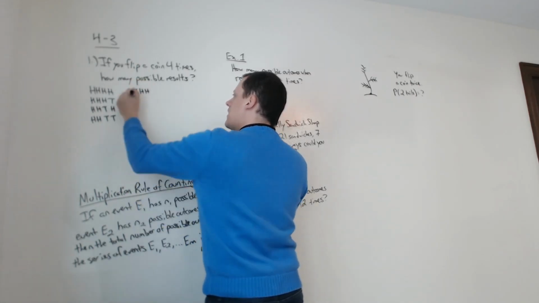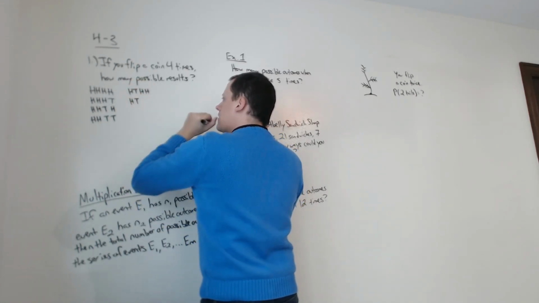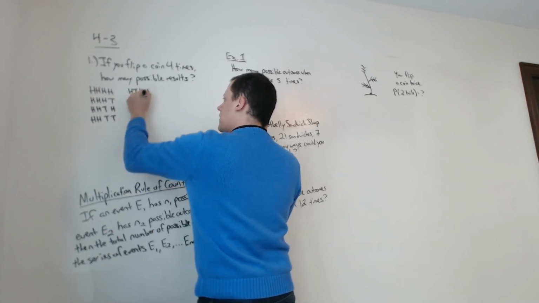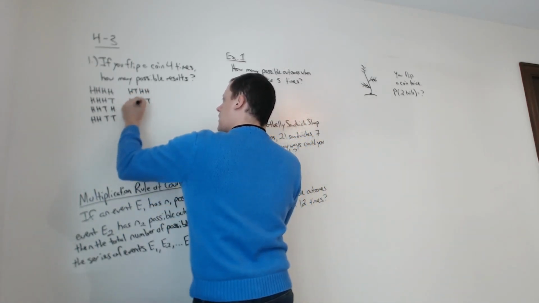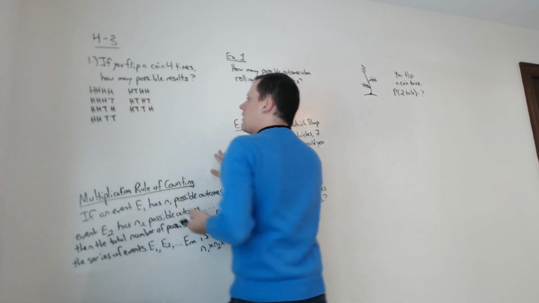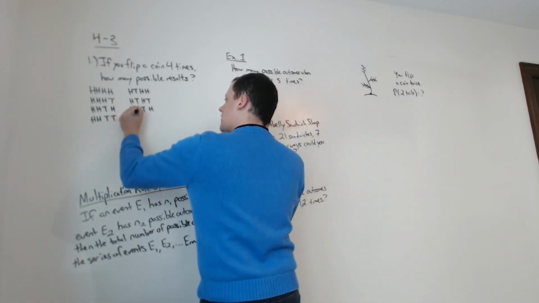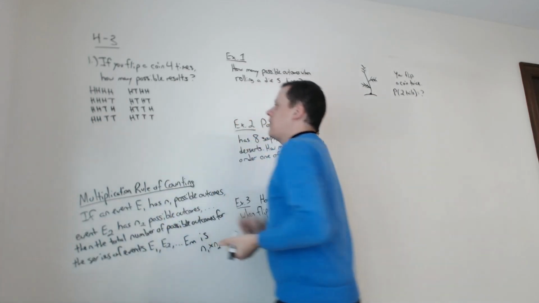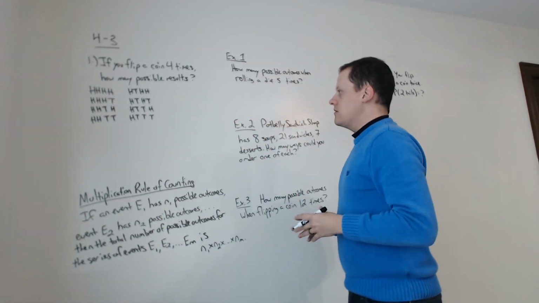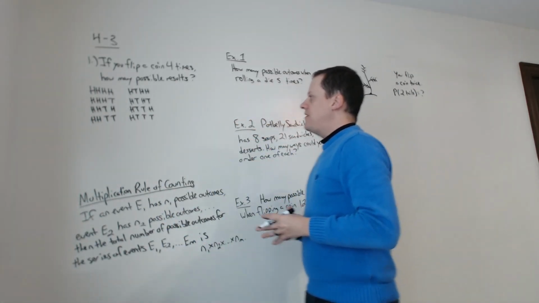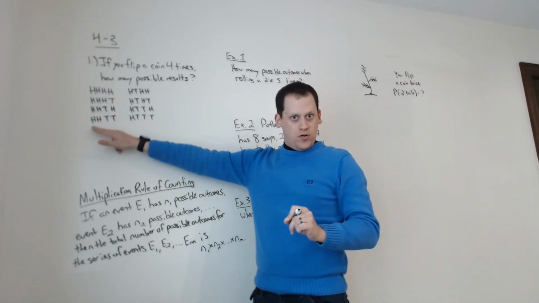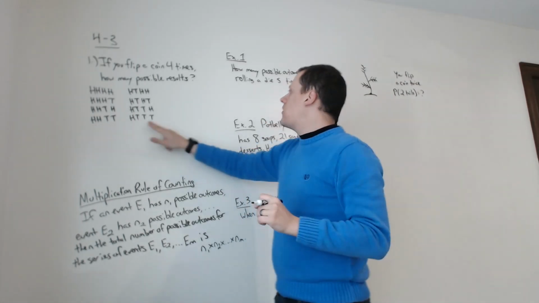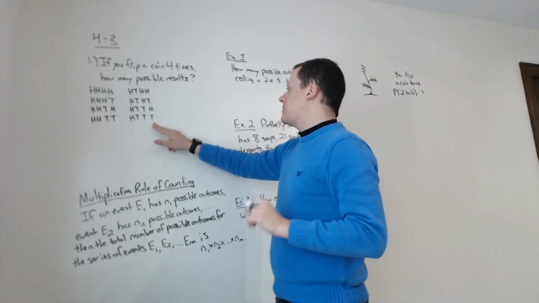Heads, tails, heads, heads. Heads, tails, heads, tails. Heads, tails, tails, heads. Or heads, tails, tails, tails. I think these are all the different results you can get where heads comes first.